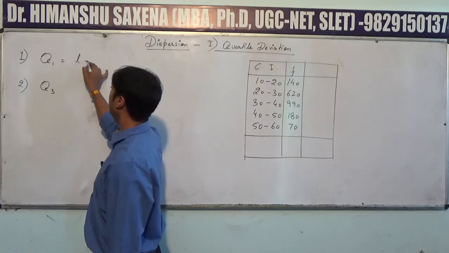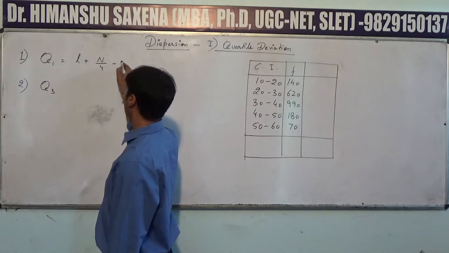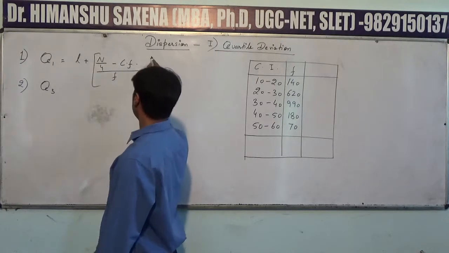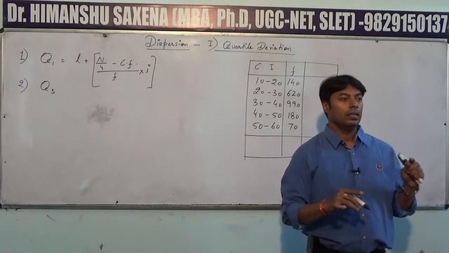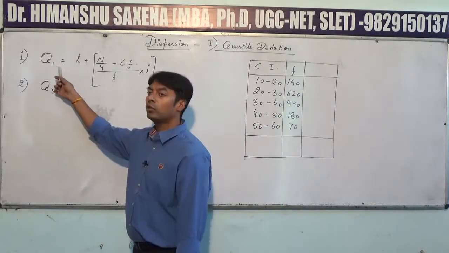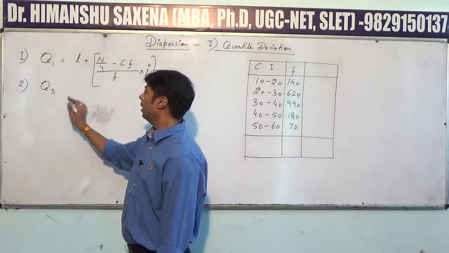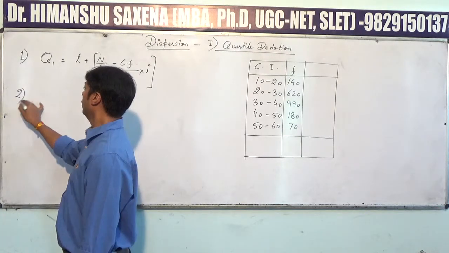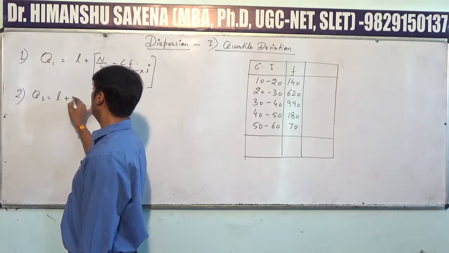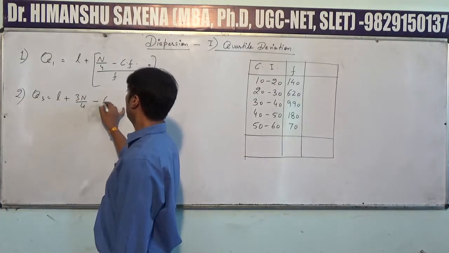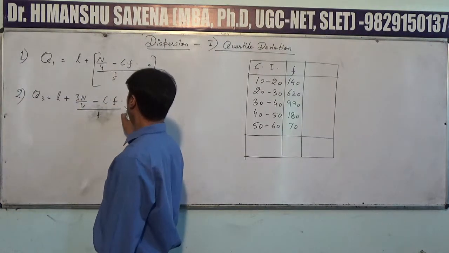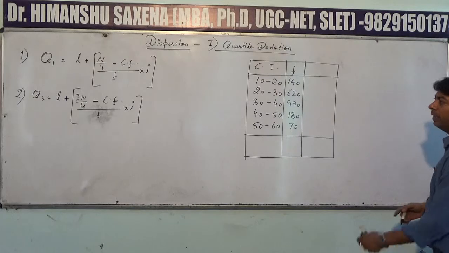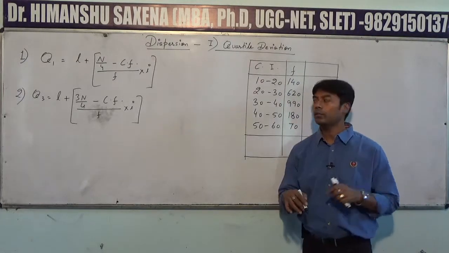So Q1 is calculated by L plus N by 4 minus CF upon F into I. This is the formula used for Q1, and Q3 will be calculated by L plus 3n by 4 minus CF upon F into I. So first we need to calculate the value of Q1 and Q3.